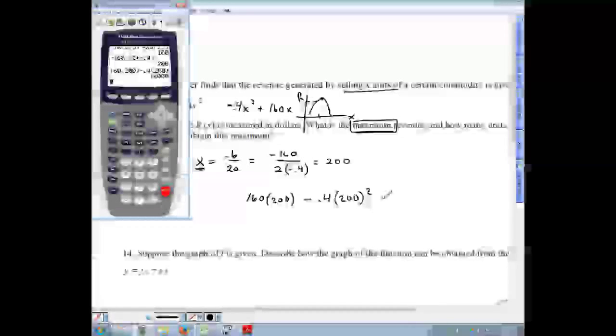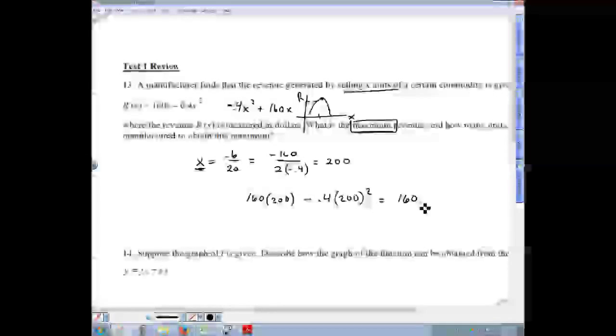You're going to make $160,000, it looks like. Maximum revenue of this commodity is to sell 200 units, and you make $160,000.